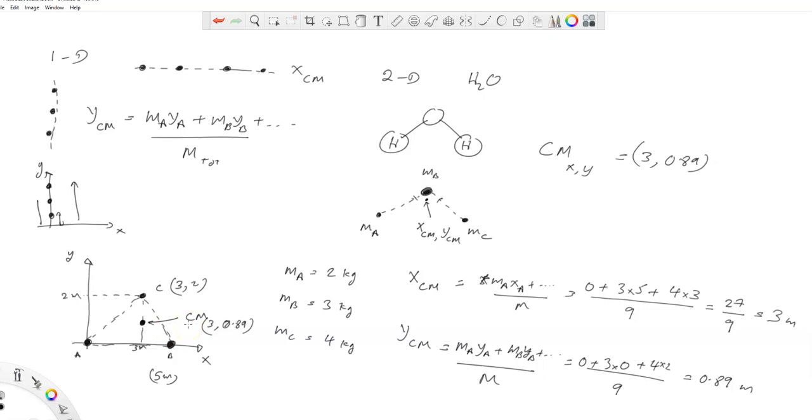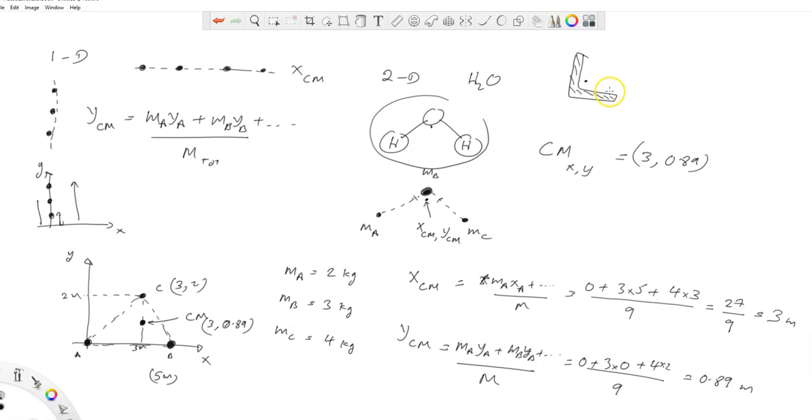There are many examples like this. Molecular compounds are a good example of center of mass. If this molecule is rotating, for example this H2O rotates around some point like this, that's the rotational point. Even in solid objects, like mostly L-shaped objects, the center of mass could be outside the object.